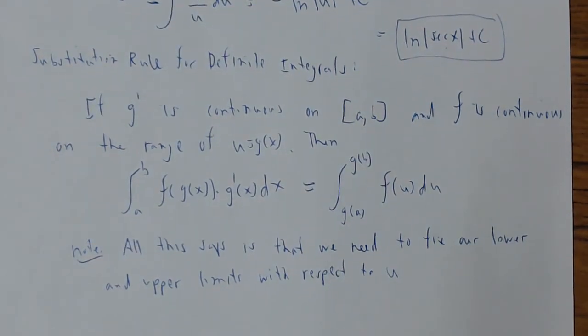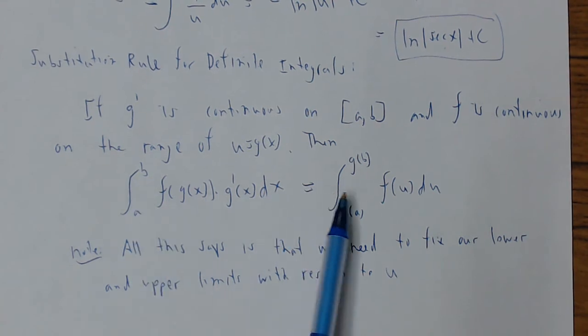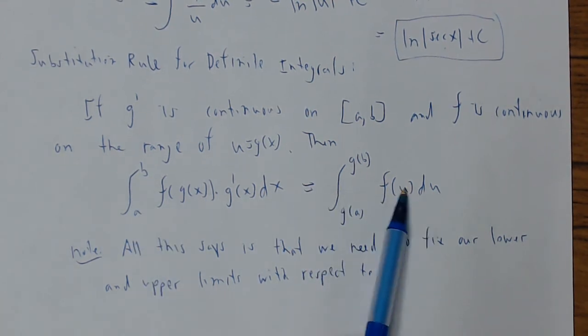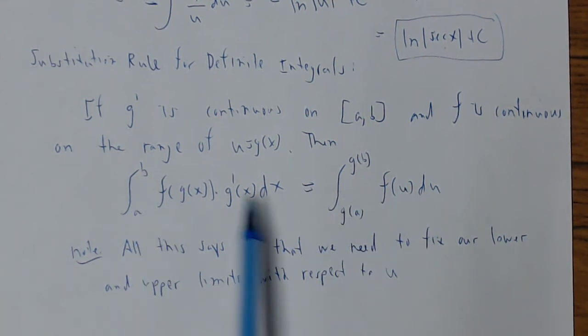So look, the reason why is this. Right now my variable here is in terms of x, which means a and b are x values. Now when I change my variables in terms of u, the a and b also need to change.